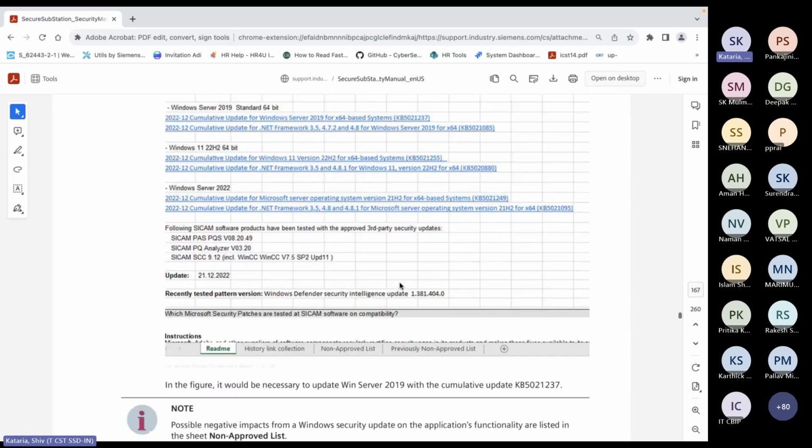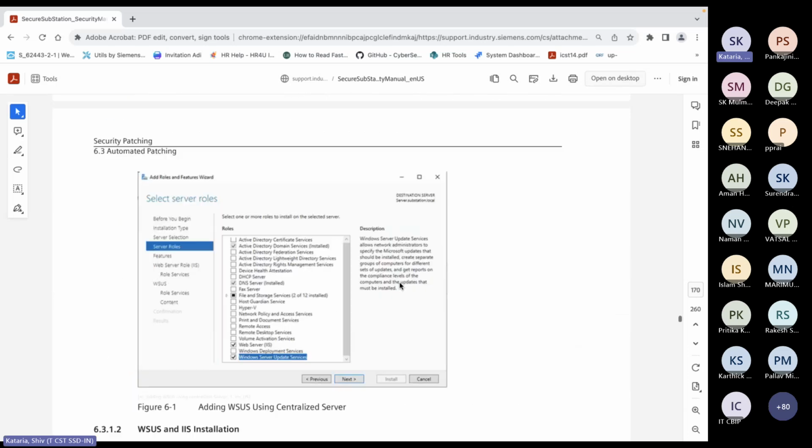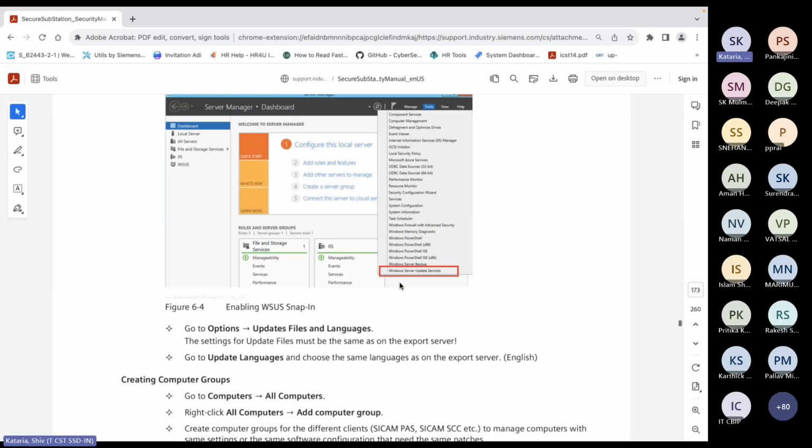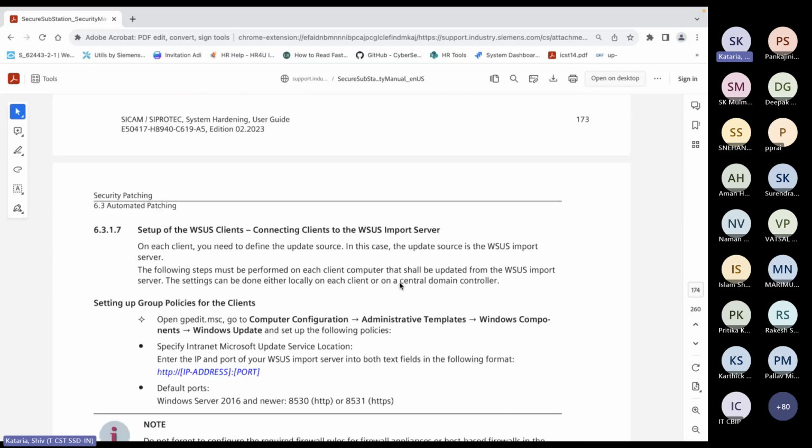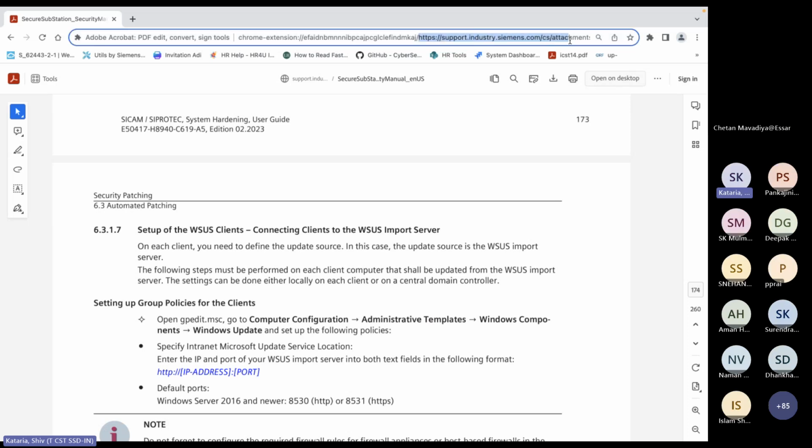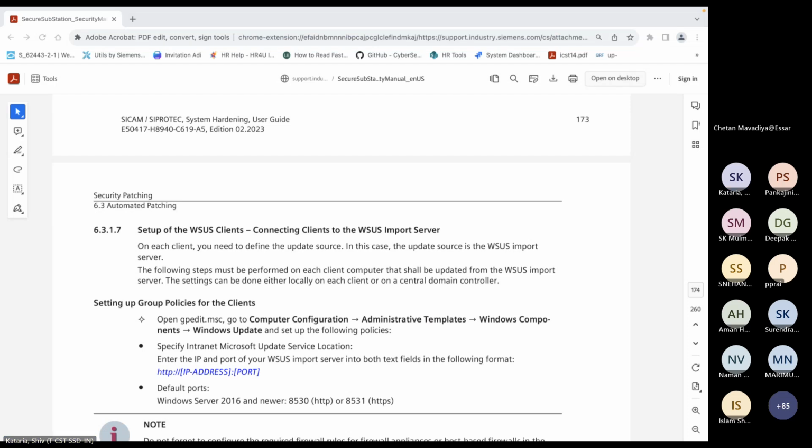How do you patch from your corporate side to your substation side? How do you bring the WSUS or your antivirus updates to your substation? Yes, please share this document, it will be very useful. I have pasted the link of this document already, in the chat box.